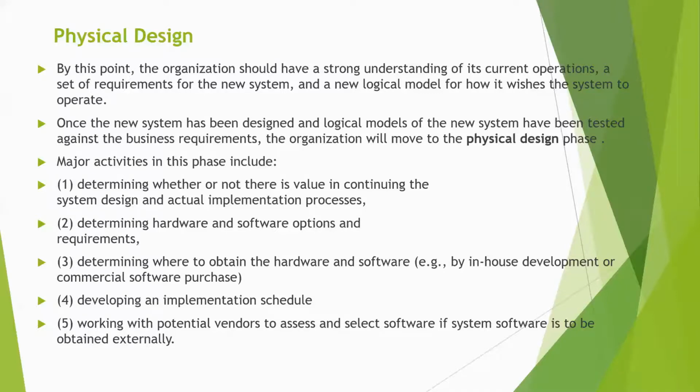And the potential vendors should be worked out, and if the system software is to be obtained externally, then vendor selection is important, which we would be discussing later in this chapter.